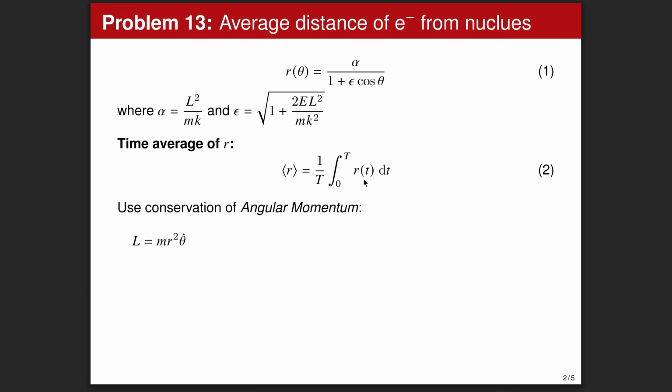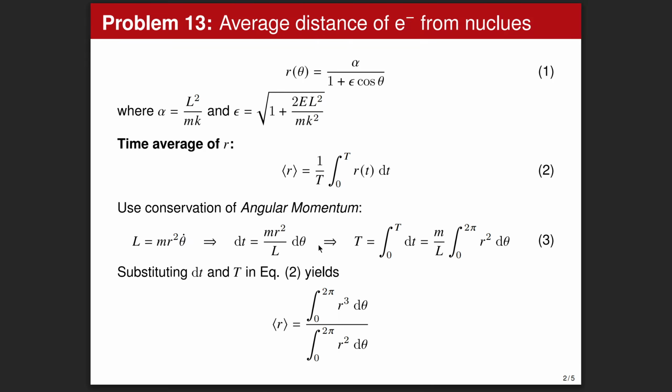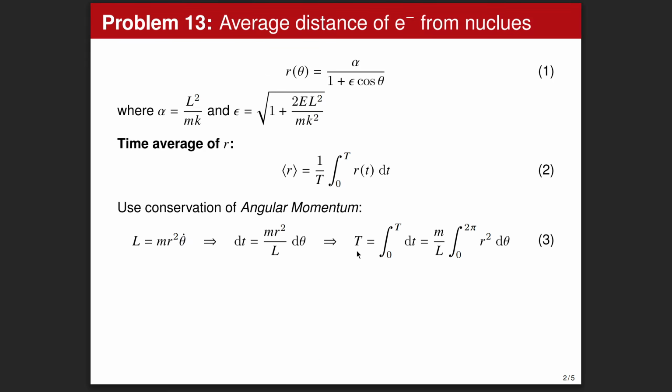Now we need to convert this integral into one in terms of theta. For that we will use the conservation of angular momentum, and from here we can calculate the expression for dt. This dt will go into equation number 2, and from this dt we can calculate the time period, which will also go into equation number 2.